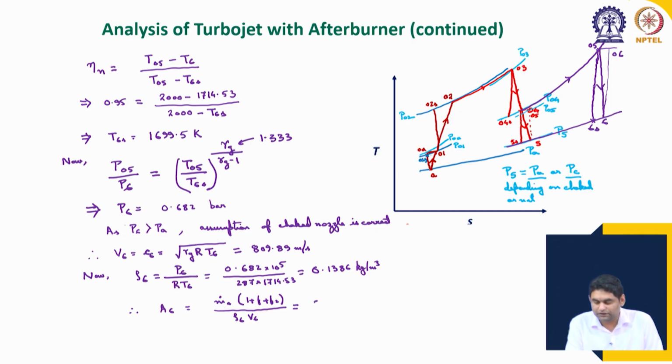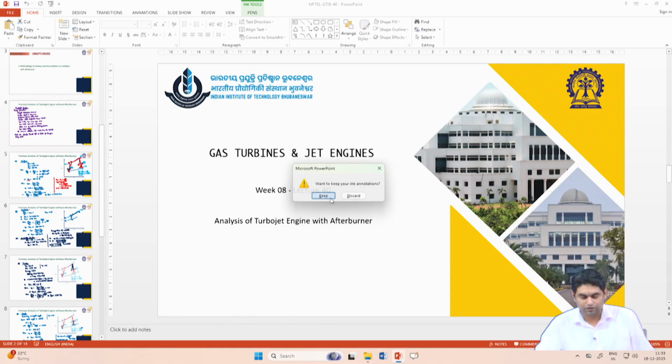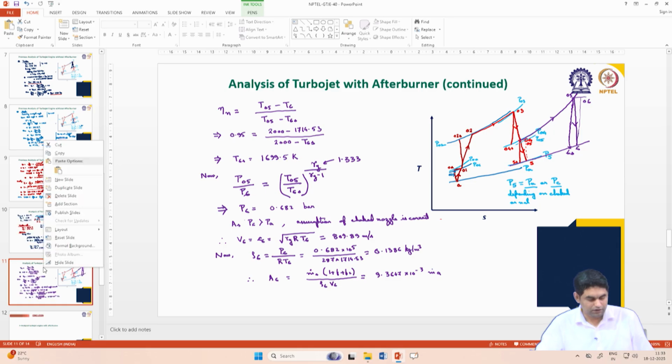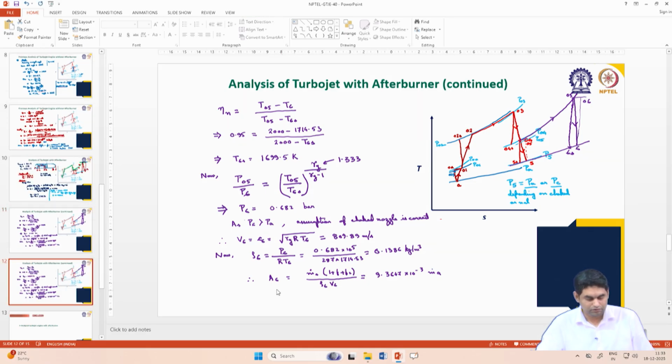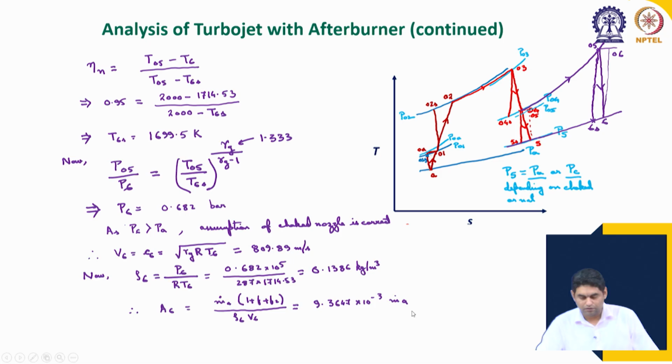So our result will come in terms of m dot A, which is 9.3647 into 10 to the power minus 3 m dot A. This is our value of A6 in terms of m dot A.